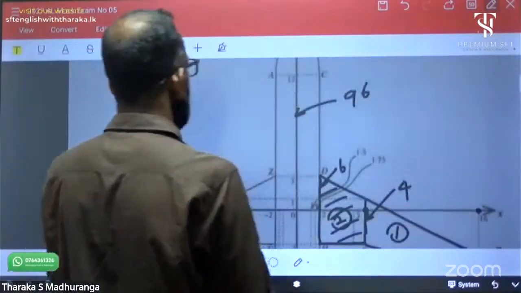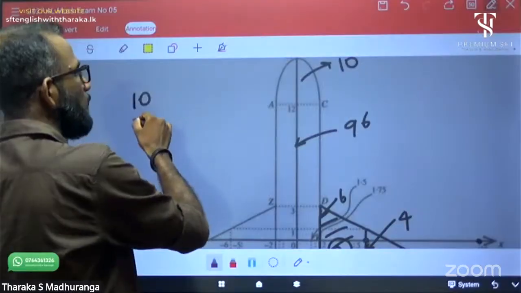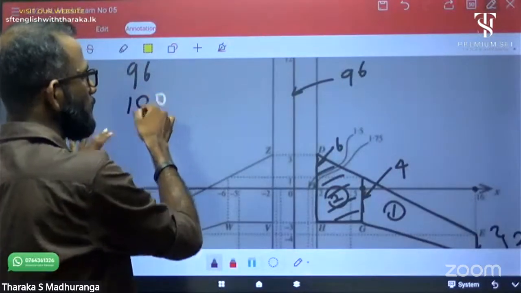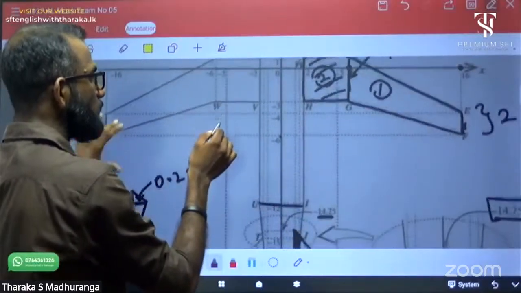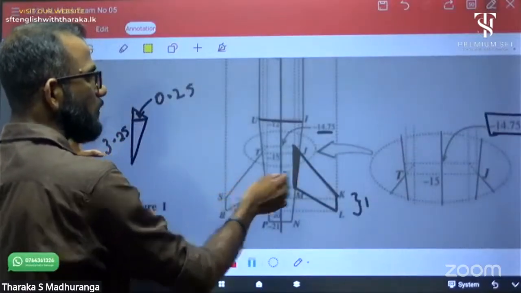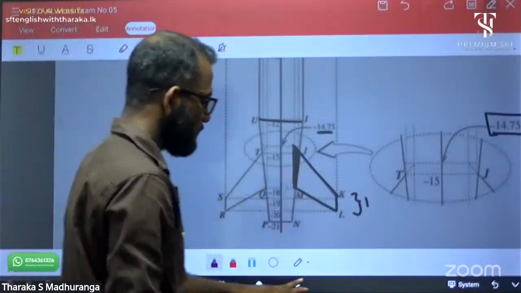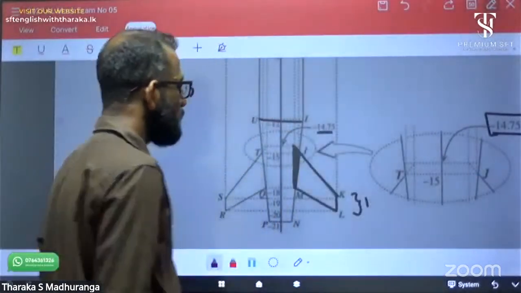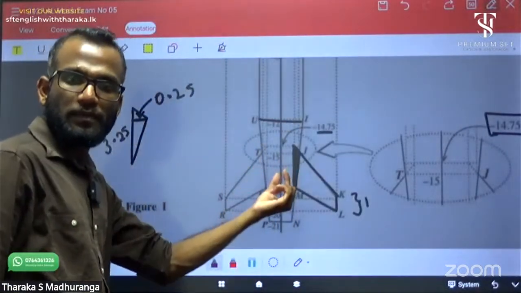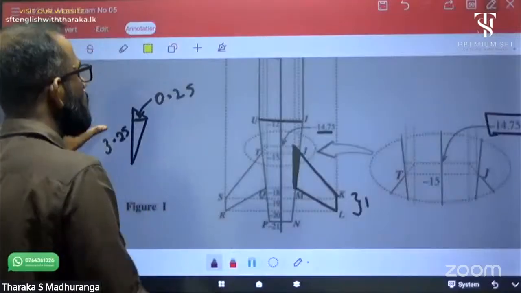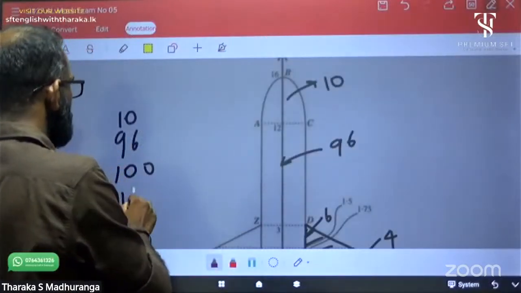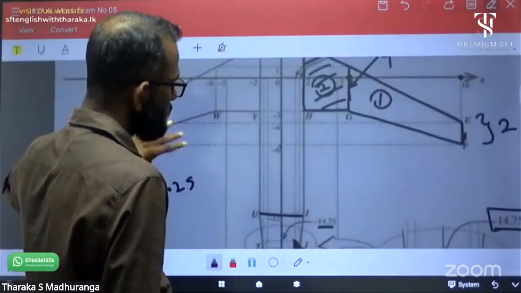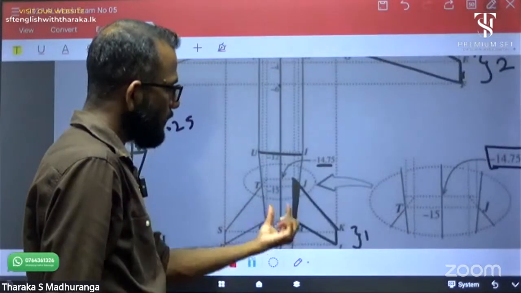Let's add 10, 96, 100 for the front wings, and for the rear wings it is 7.03 into 2, which is 14.06. And the base part.